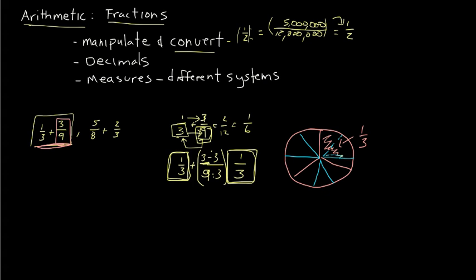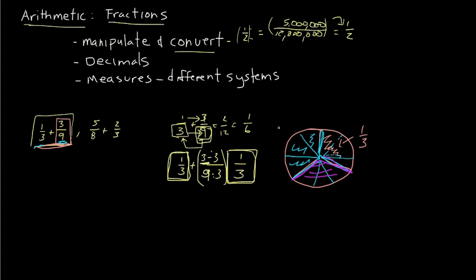So now there's 9, which was our denominator here, and 3 of those, 1, 2, 3, make up this fraction. So 3/9 for this fraction and 1/3 for this fraction. This is our 1/3, and this is our 3/9. You can see all that's left is this third right here that's unaccounted for.